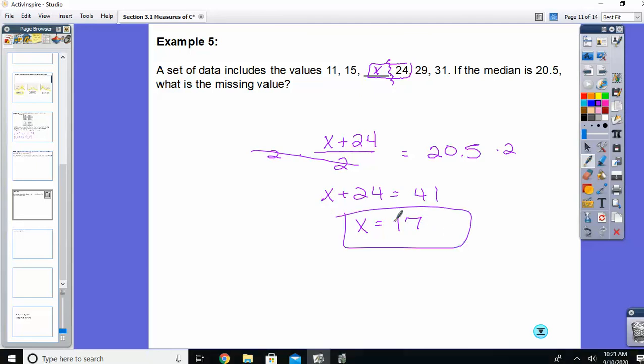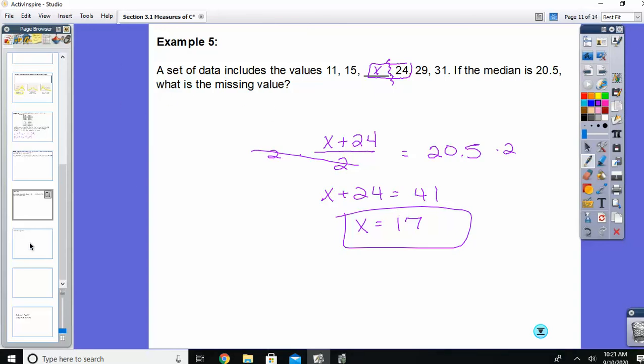So there's your missing value, 17. If you had this on the ACT and you got stuck, you at least know how to find the median. So you could always plug in their answer choices and see which one works that way too, if it's multiple choice. Is that one all right?